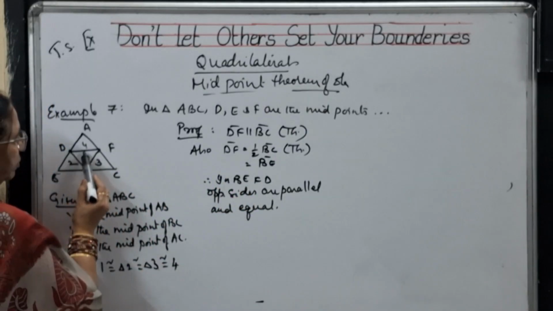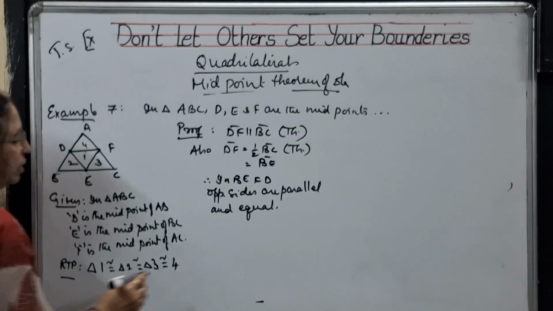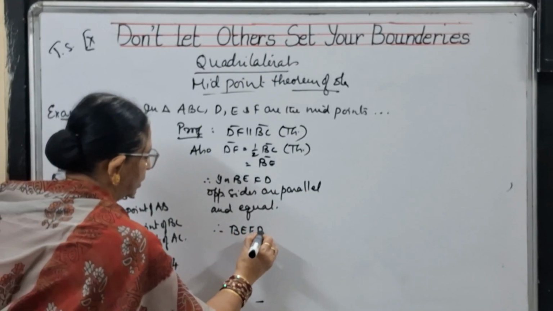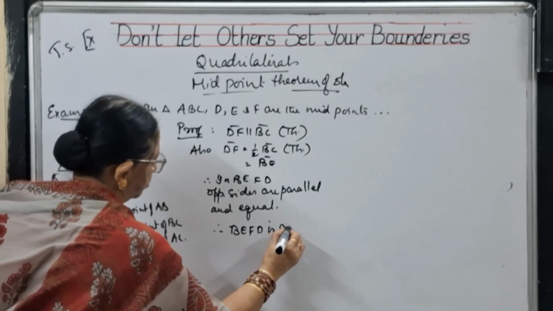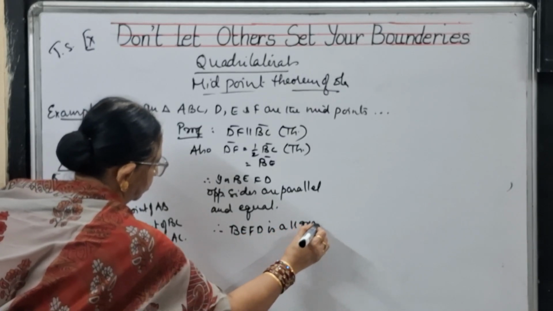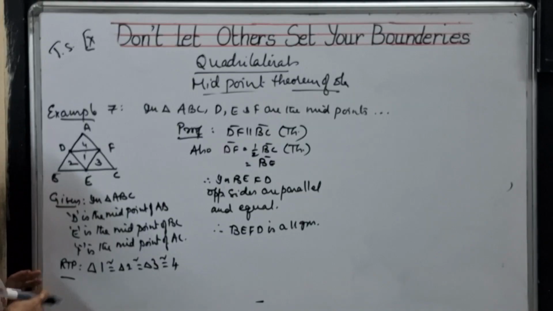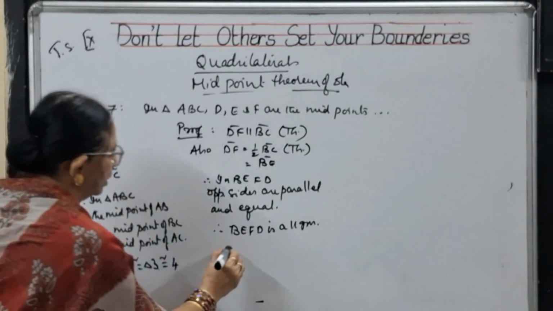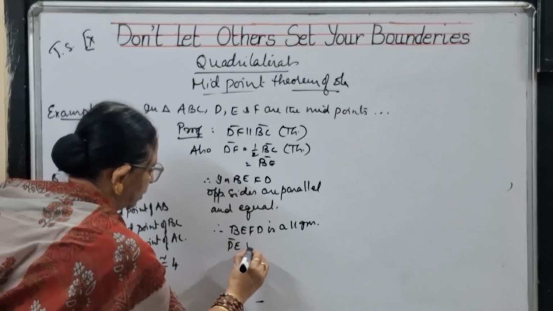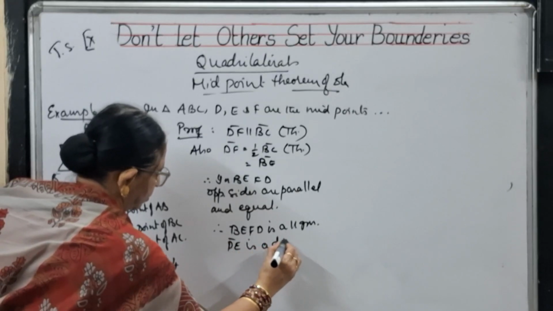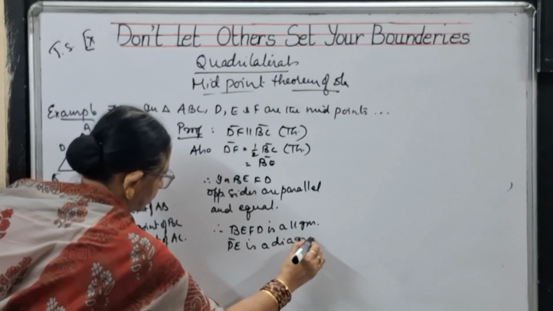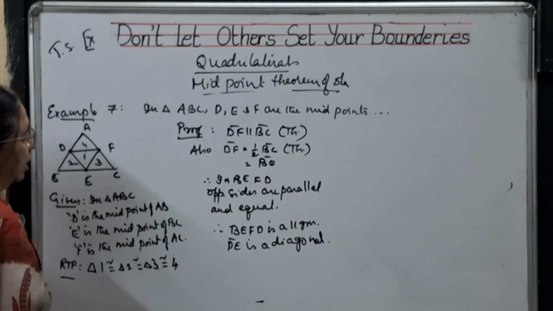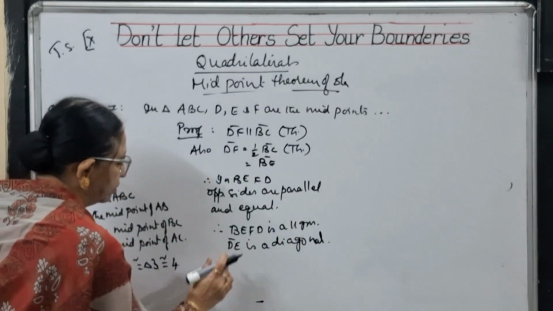So opposite sides are equal and parallel. Therefore, BEFD is a parallelogram. When opposite sides are equal and parallel, it is a parallelogram. Then DE is a diagonal. So when DE is a diagonal, the diagonal bisects.